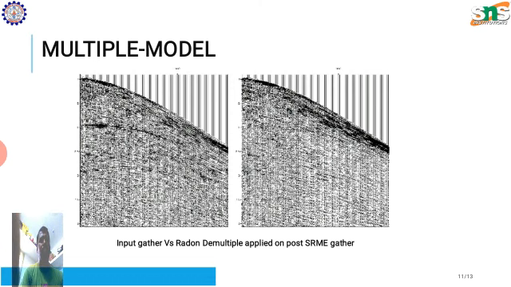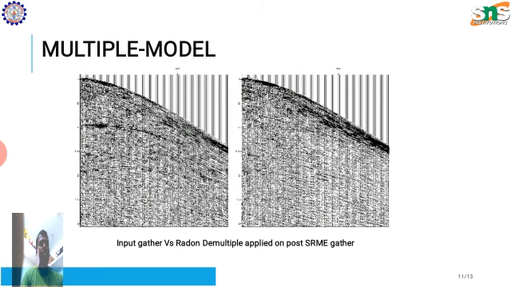The same set of input shot gathers were processed using the high resolution radon transform demultiple approach. 3D SRME gathers show effective attenuation of multiples at near offsets compared with the radon applied gathers. Also, it can be seen that the application of radon demultiple on the 3D SRME gathers yields even better results, as the radon demultiple effectively attenuates the multiple energy at mid and far offsets.